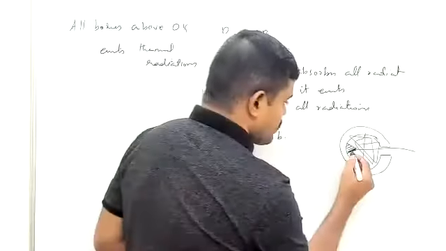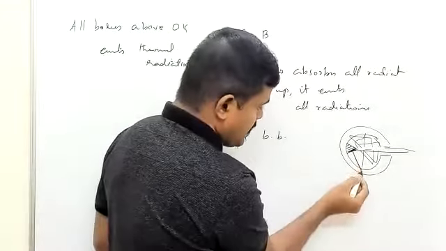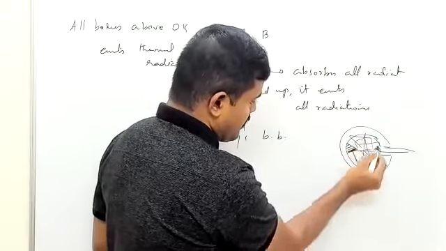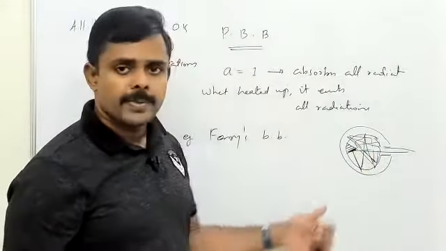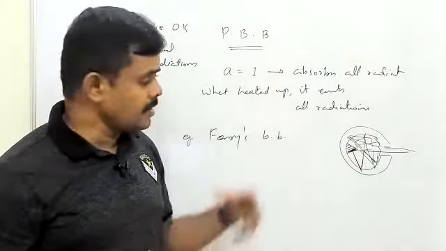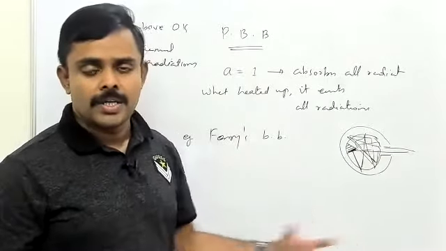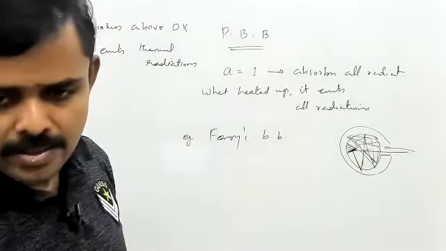If a radiation falls here, it gets reflected, falls here, gets reflected, again reflected. It is totally captured inside. So whatever radiation comes through the hole will be captured inside. And if you heat this up, it will start emitting radiations. This is a black body. Did you understand?